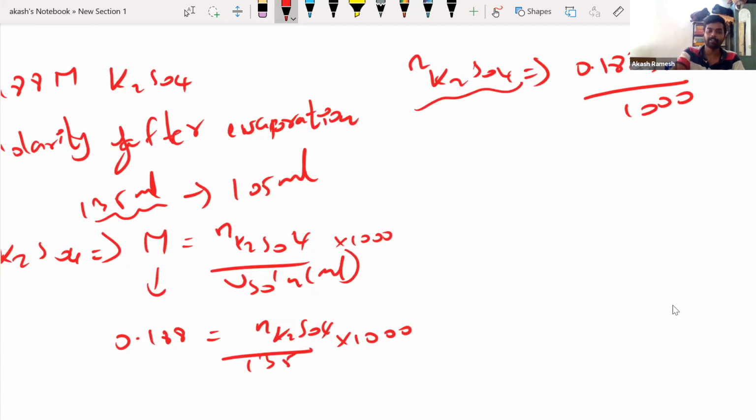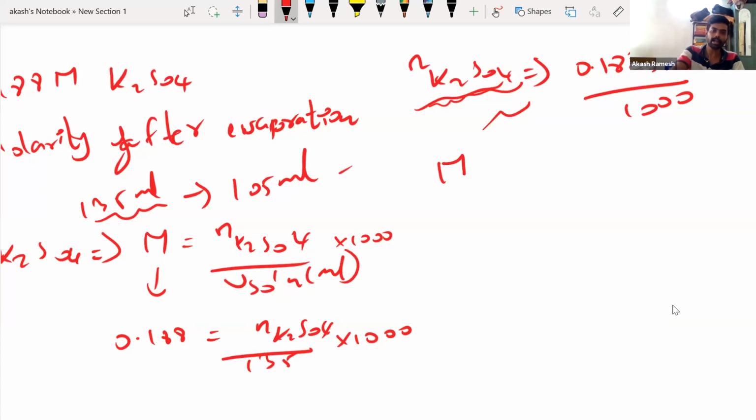Please understand, we are not doing anything with K2SO4. While evaporating, only water will evaporate. So whatever be the mass or number of moles of K2SO4, it is not going to change. After evaporation also, this will be the number of moles of K2SO4. The only thing which will change is the volume.